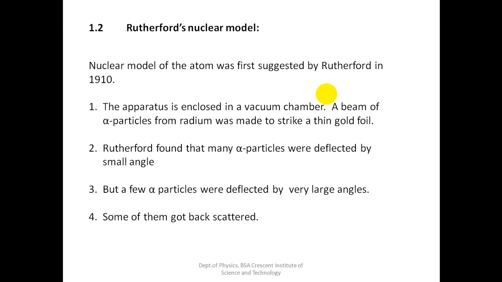The scattering angles were different. Some were very small angles, some were larger. He could not explain how different scattering angles are possible when alpha particles strike the gold foil. This puzzled him, and he went on.